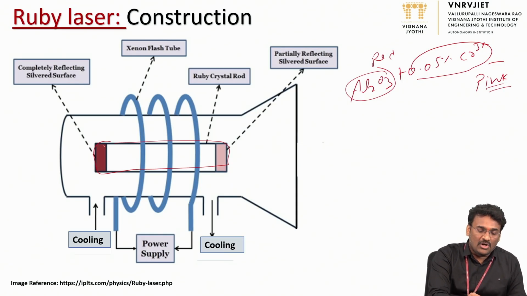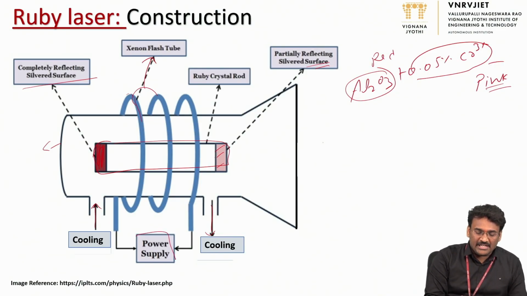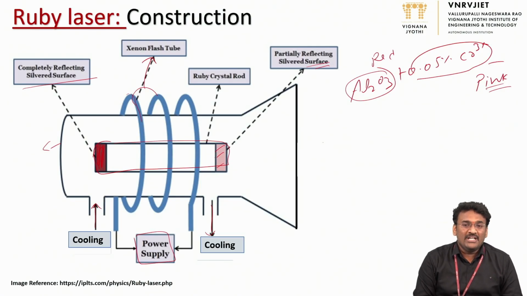For this rod, one side we polish fully and the other side partially. The fully polished side becomes a completely reflecting surface, the other side a partially reflecting surface. We place this in a glass tube, which consists of a cooling arrangement, and this glass tube is surrounded by this xenon flash tube, which is connected to a power supply. This is the construction of ruby laser.